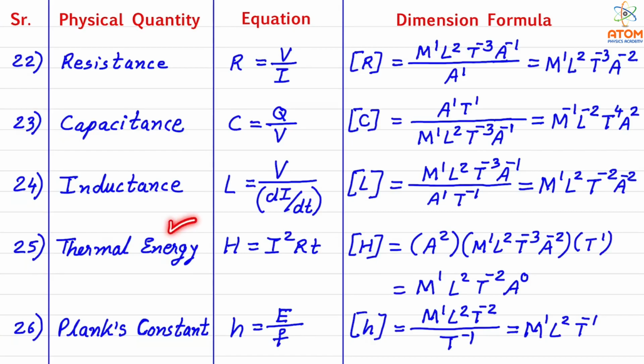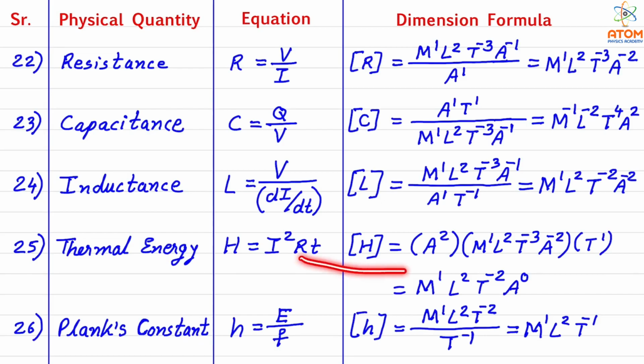Then thermal energy. You have seen this equation, H is equal to I squared R T, that is the heat energy, or say the thermal energy, where I is the current, R is the resistance and T is time. From the dimension formulas we have already sorted out, I has dimension A, but it is squared, so A2.